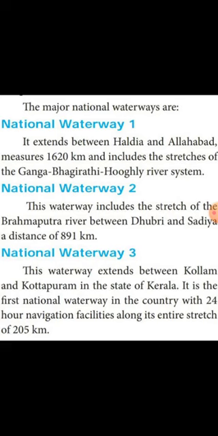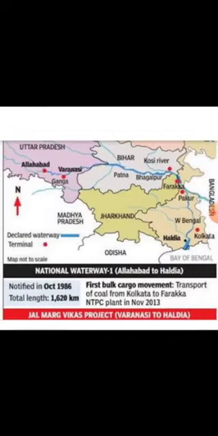Next we learned about the major national waterways. What are the major national waterways? National Waterway 1, National Waterway 2 and National Waterway 3. National Waterway 1 extends between Haldia and Allahabad.